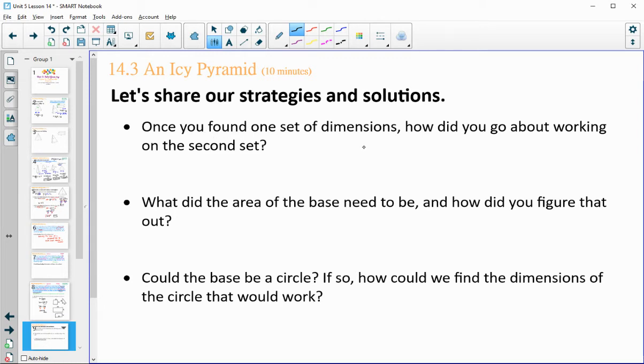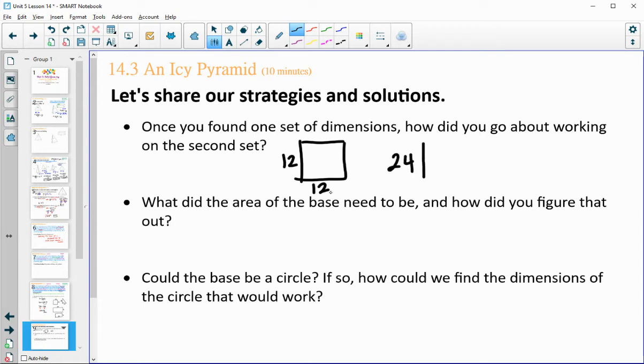So once you found a set of dimensions, you could have just kind of manipulated those. If we started with the 12 by 12, you could have actually doubled this one.